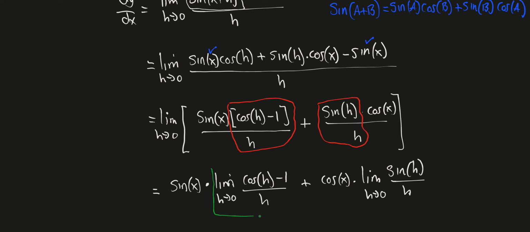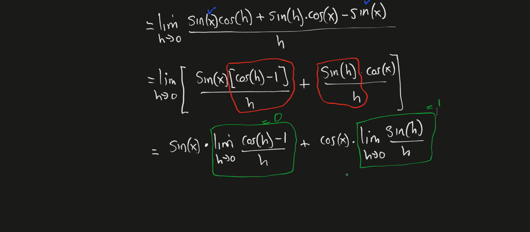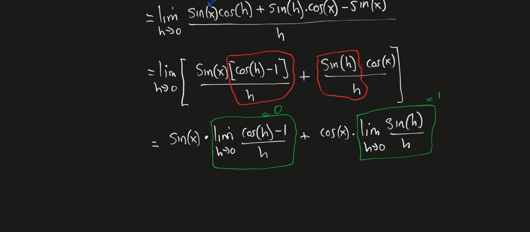This limit is equal to 0, and this limit is equal to 1, right? And that's why they're important, because you're working through this limit definition and you get to this point, you're like, oh wait, I need to know what this is, and I need to know what this is. But we did that work previously. That was the whole reason of doing that work.